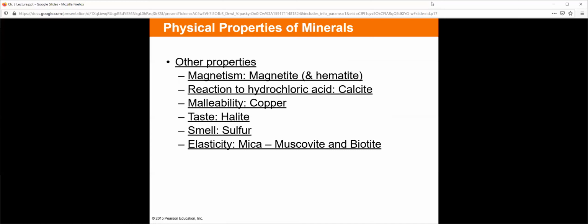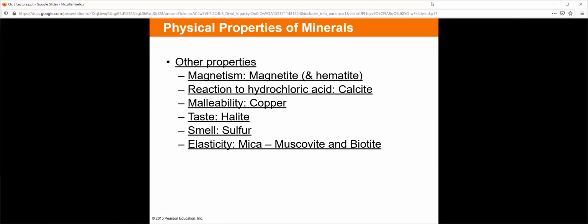Taste. Some rocks have a taste. I told you before, halite's table salt because halite tastes like table salt. Geologists actually go out there and lick rocks sometimes because halite looks so similar to quartz, to calcite, to a few other minerals that if you don't know what it is and you don't have, let's say, a knife on hand or a bottle of hydrochloric acid for some reason, you can just lick the rock.